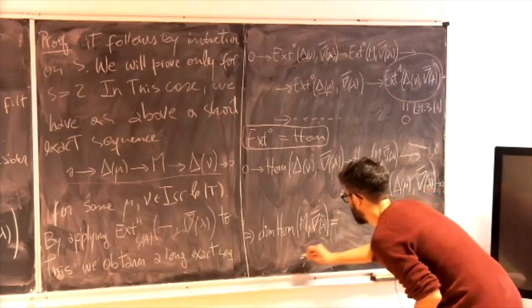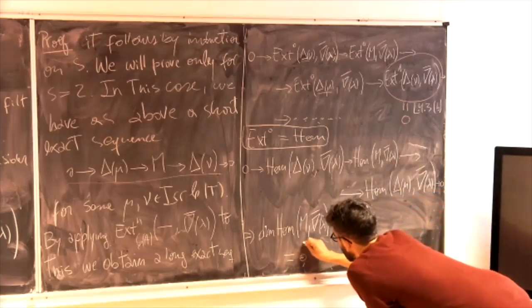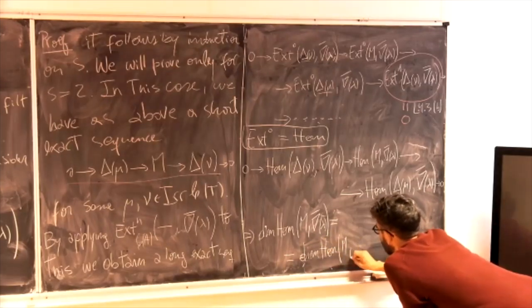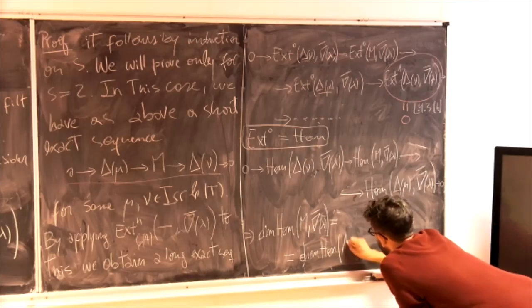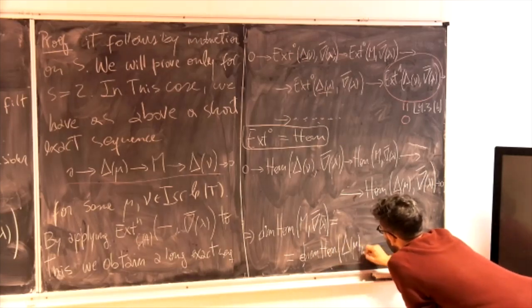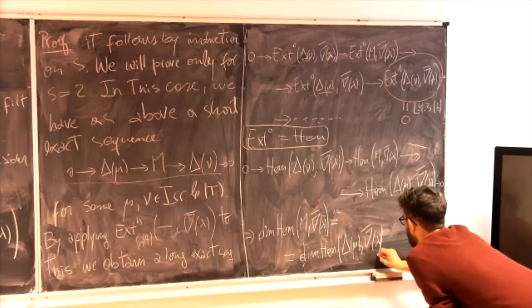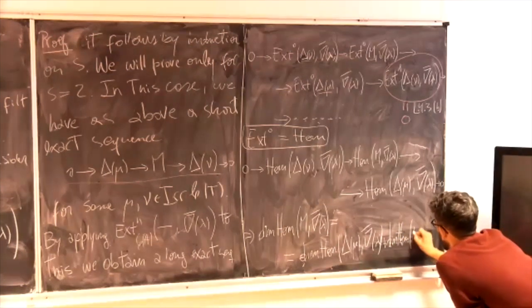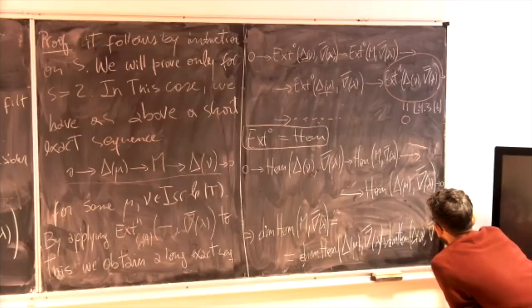It is equal to the dimension of Hom of M, now, Delta mu, nabla lambda, plus the dimension of Hom of Delta nu, nabla lambda.